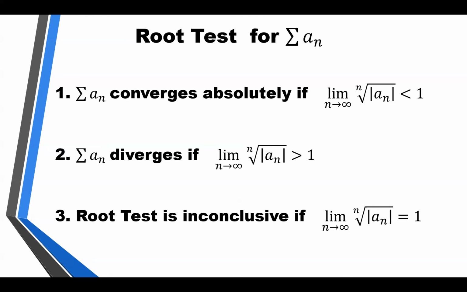The infinite series diverges if the limit of that nth root is greater than 1. And once again, the root test is inconclusive if the limit as n goes to infinity of the nth root is equal to 1. So again, we have absolute convergence, divergence, or inconclusive.